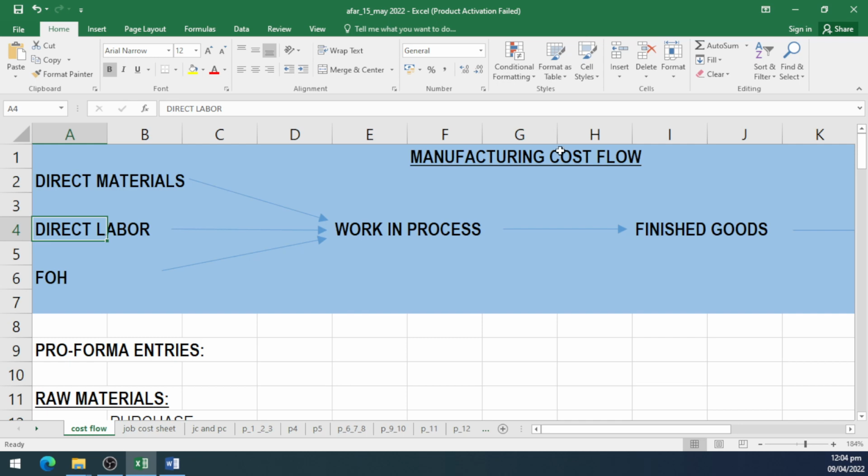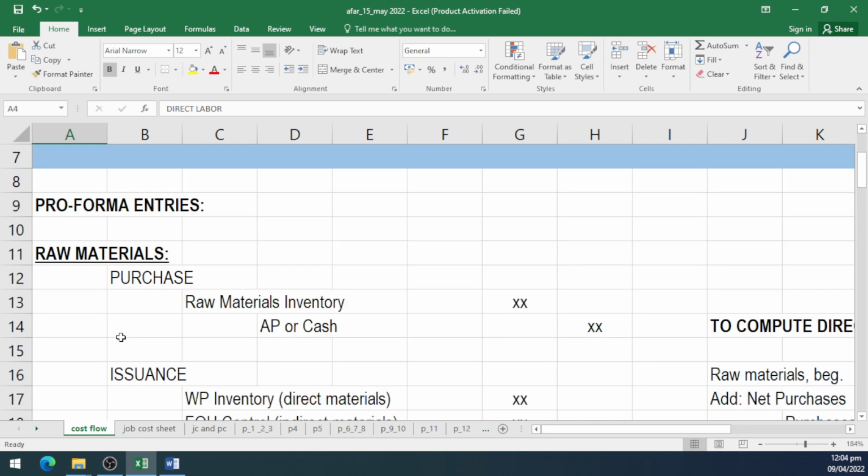Okay, so we now proceed to accounting for materials. The first element of manufacturing cost is the direct materials. Ang direct materials ay lahat ng materials that can be traced directly sa finished product. Ito yung mga materials that form an integral part of the product.